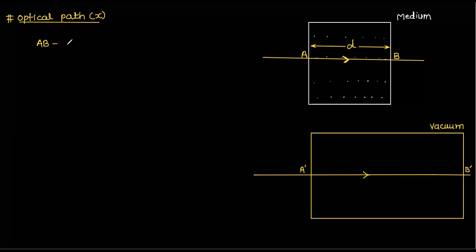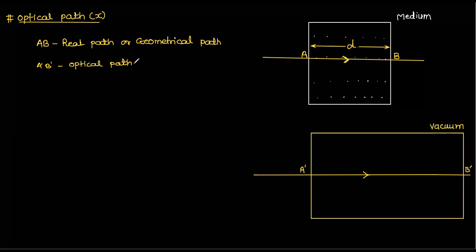In optics language this is called real path or geometrical path. And this A dash B dash is called optical path.